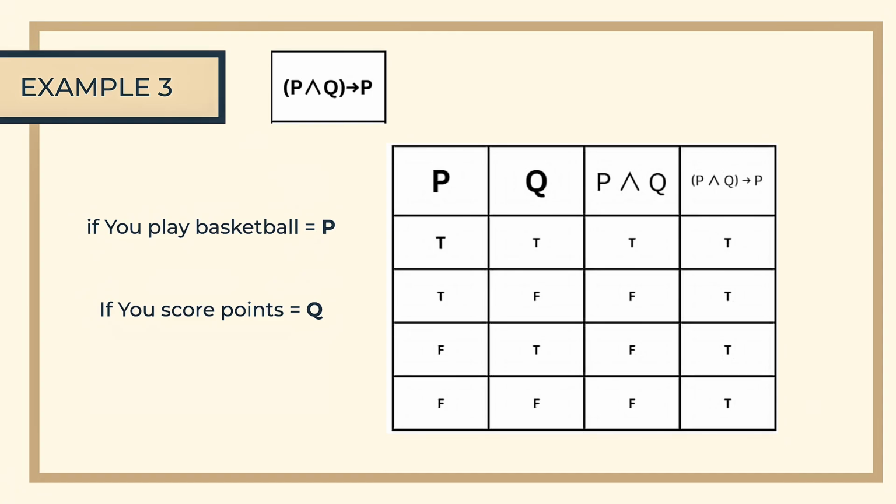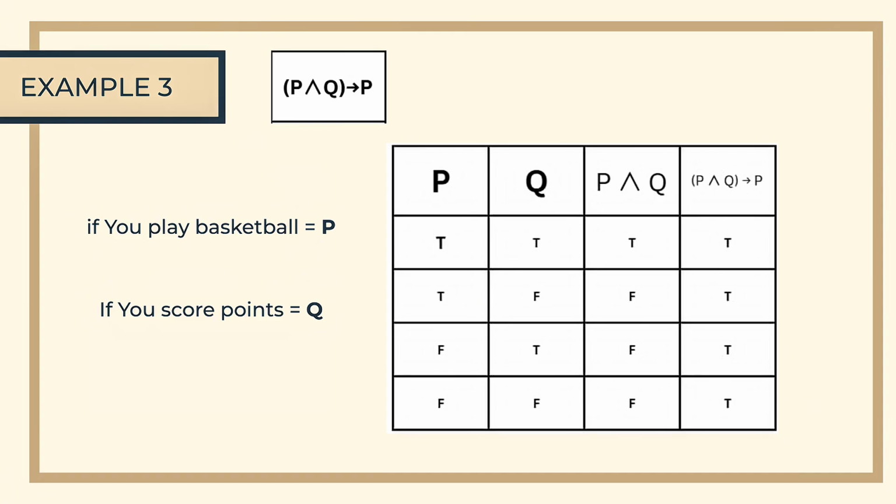If both conditions are true, P and Q, you play basketball and you score points, then you're certainly playing basketball. In the first row, P and Q are true, then you are playing basketball. In the second row, you do play basketball, P equals true.